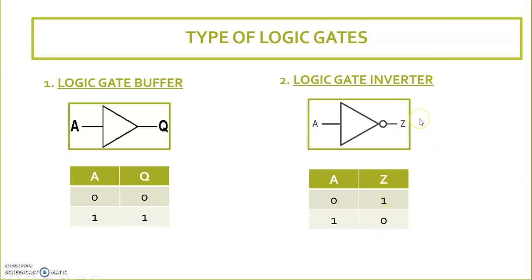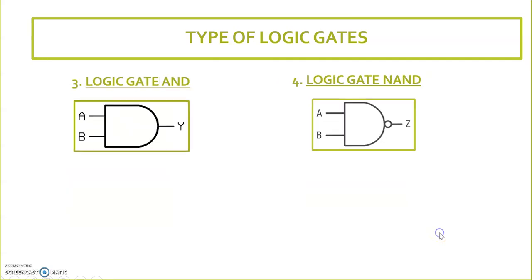For inverter, it has a different concept from buffer, because the output is actually the opposite of the one that comes from the input. For example, when the input is 0, the output is 1. When the input is 1, the output will be 0.